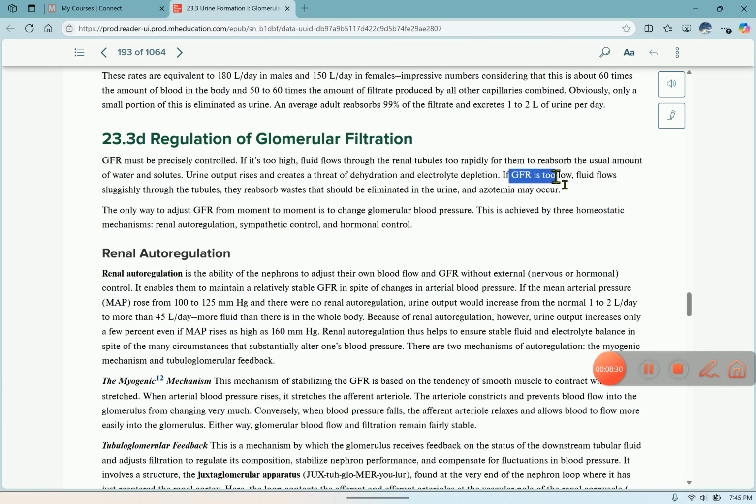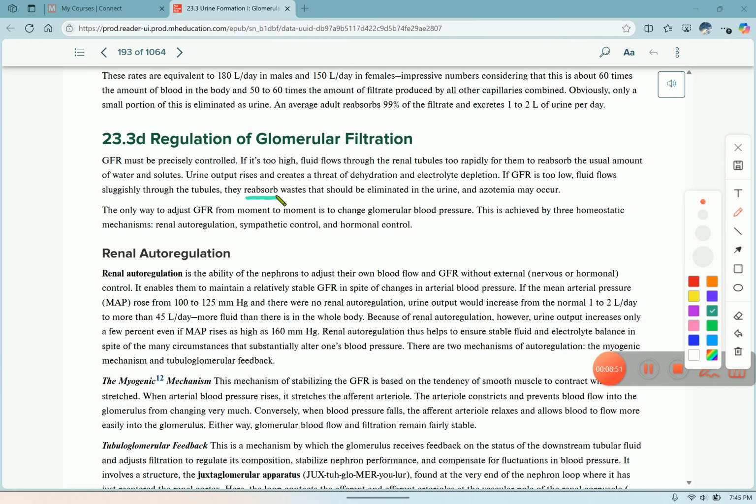Okay, if the GFR, if that filtration rate is too low, then fluid flows sluggishly through the tubules, and they reabsorb waste that should have been eliminated. Okay, now keep in mind when you see this word reabsorb, that means you're keeping it.